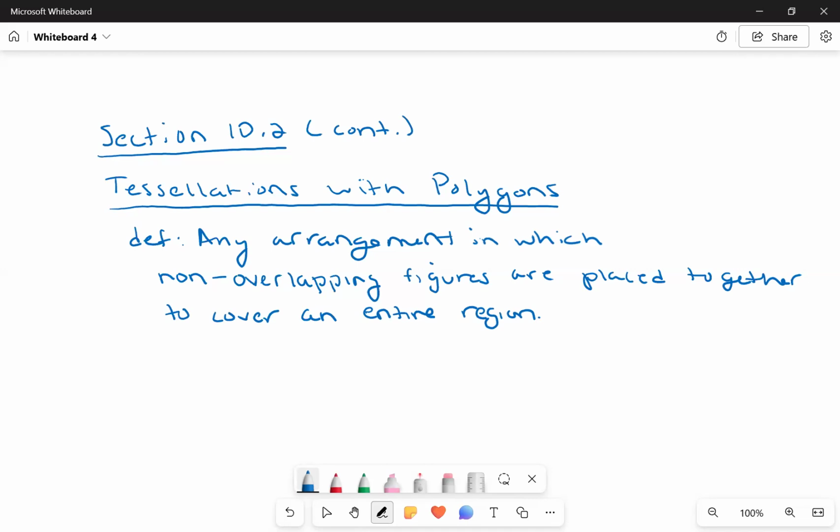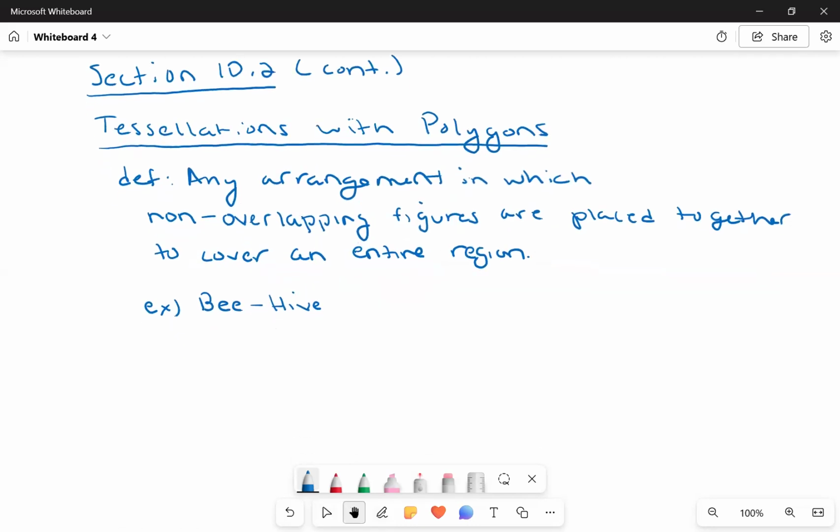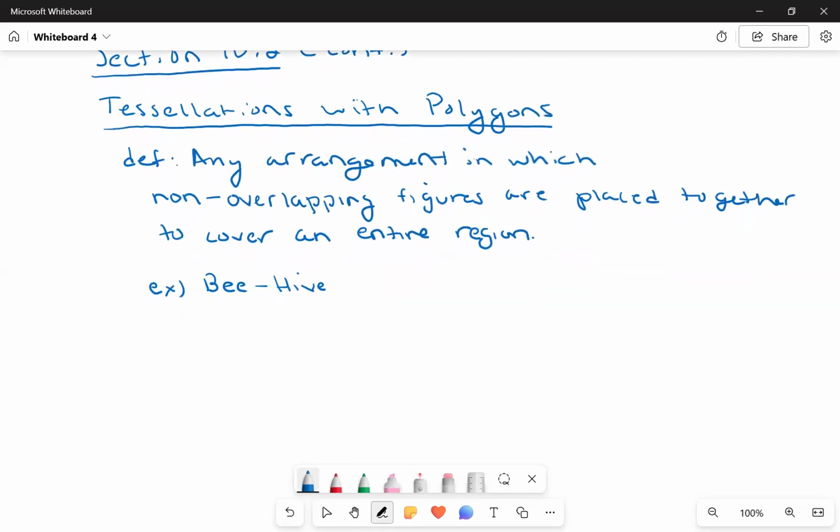An example in nature is a beehive. Anybody who's worked with bees or has seen a beehive knows the pattern of a beehive is the hexagon that I mentioned that we see on bathroom floors like crazy.